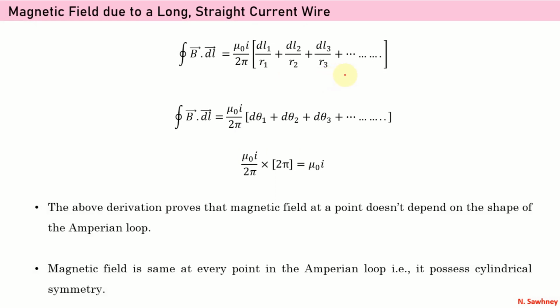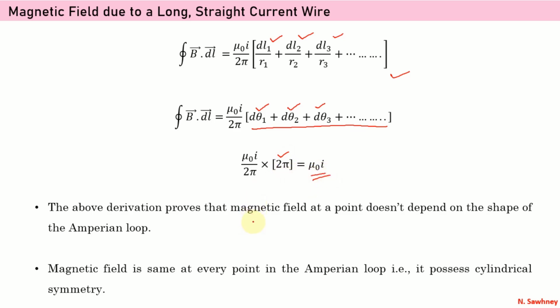We can write it like this, where inside the bracket we have dl1 upon r1 plus dl2 upon r2 and so on. These are the angles subtended by the arc length dl1, dl2 at the center. So it can be replaced by d theta 1, d theta 2, d theta 3 and so on. And the sum of all the angles subtended at the center will be equal to 2 pi. Hence it can be written as mu naught I.